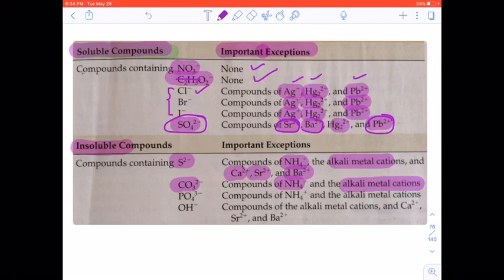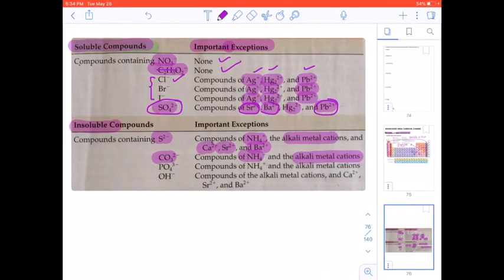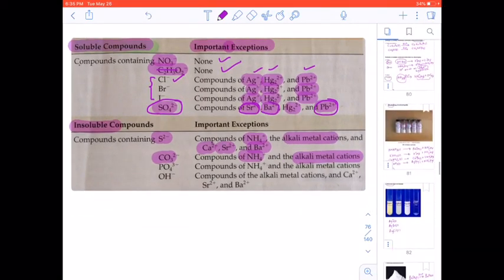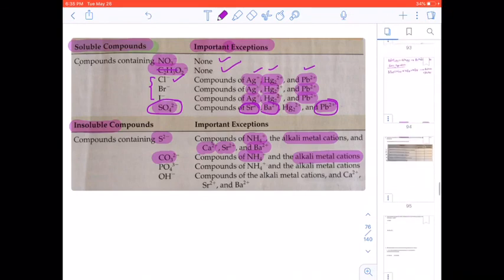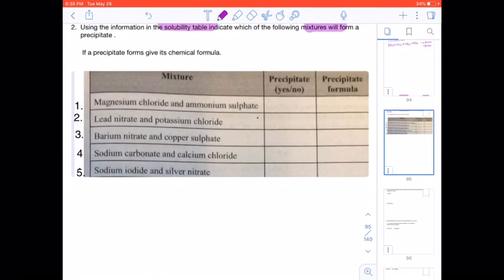Otherwise, the rest are soluble. Okay? So, if you look at this here, we find that, yes, is there a precipitate? No. Right? Precipitate formula, we don't have one.